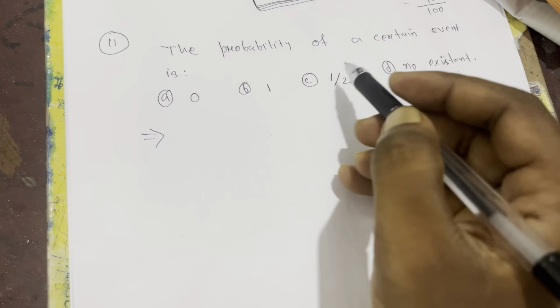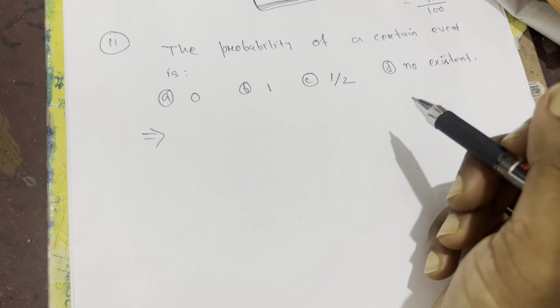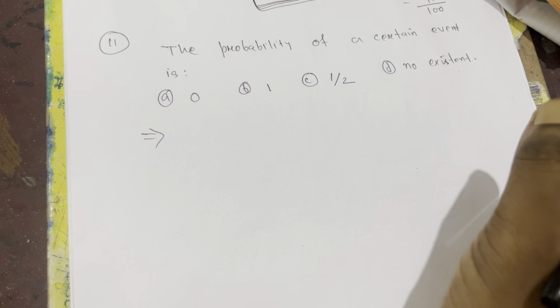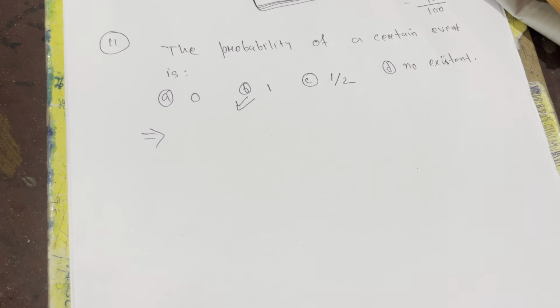Okay, question number 11. The probability of a certain event. This is very simple. The probability of a certain event, or sure event, is always 1. Always remember the probability of a certain event is 1.